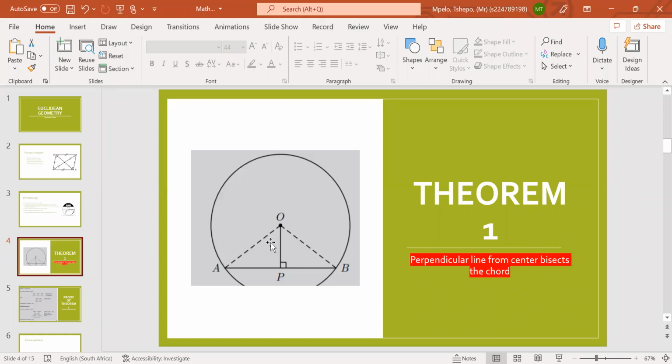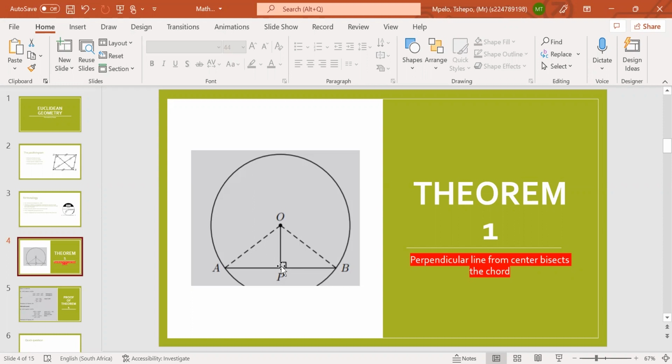The first thing that we've agreed on is that angle OPA is equal to angle OPB. That is given. And then we agree that line OP is a line common to both triangles. Agree.